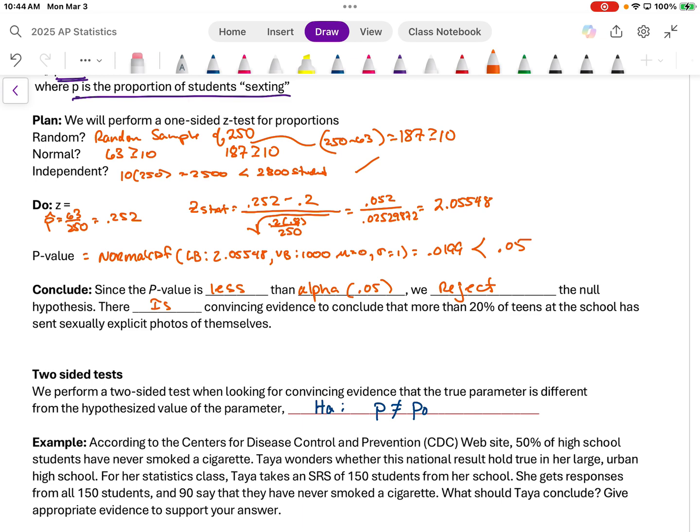Do a little pause, let you catch up. How many cups a day are you supposed to drink of water?